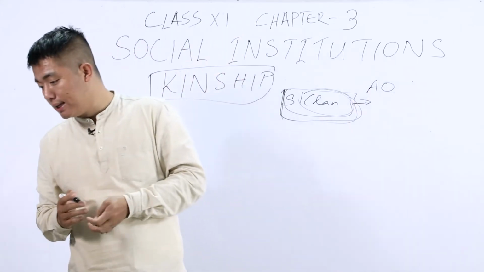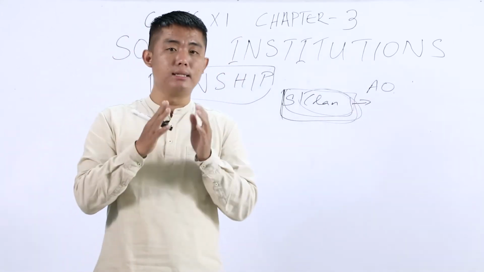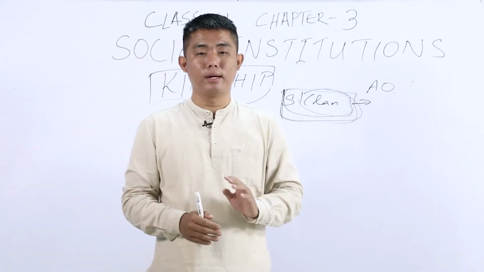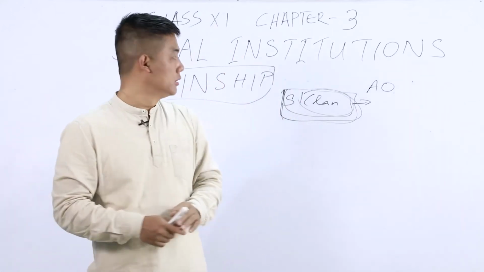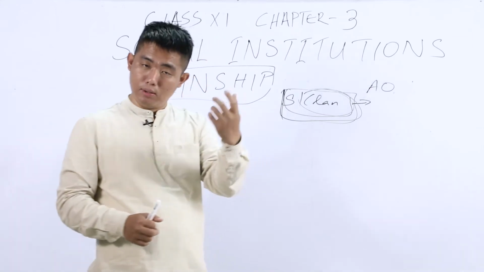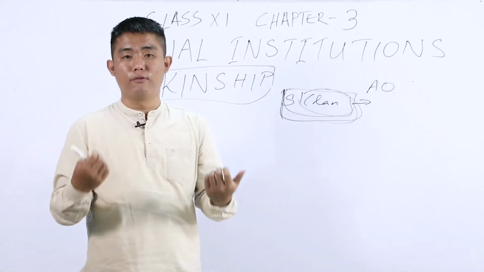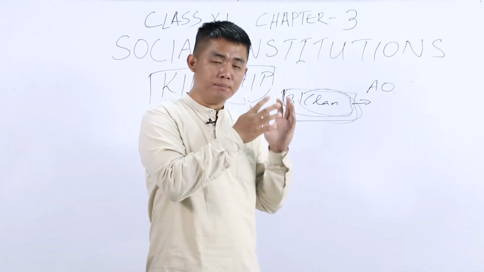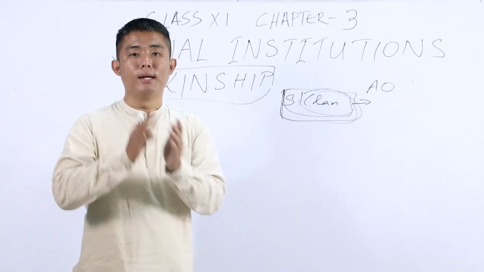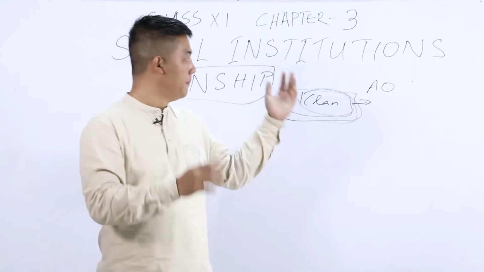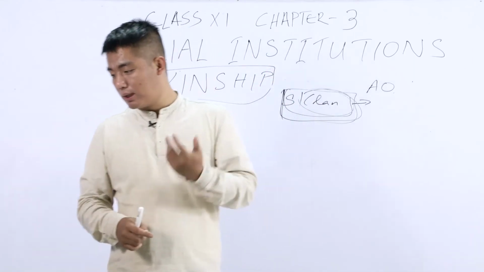So it is a clear sign of society telling you whom you can marry and whom you cannot marry. If two individuals belong to different clans and are descended from different ancestors, then only they can marry each other. So that is what it means here.